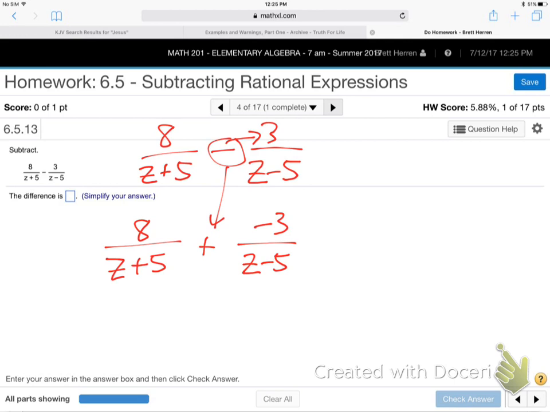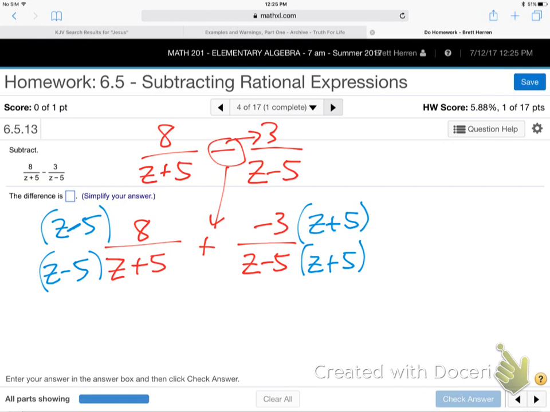All right, we doing good? What's this first one missing? This first one is missing z minus 5, top and bottom. The second one's missing z plus 5, top and bottom.